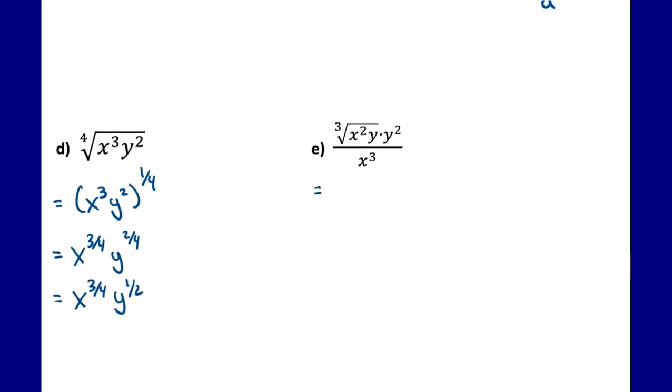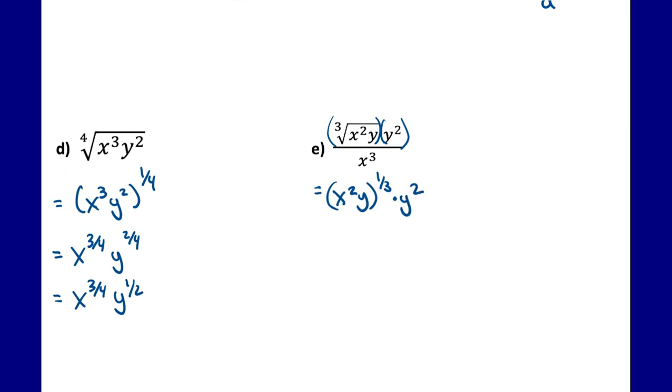E, kind of a combination, right? I have the multiplication on the top, and I have division. So I'm going to simplify the top first. I have to convert this radical, or this root, to a rational exponent. So it's going to be x squared y, all raised to the power of 1/3, times y squared.